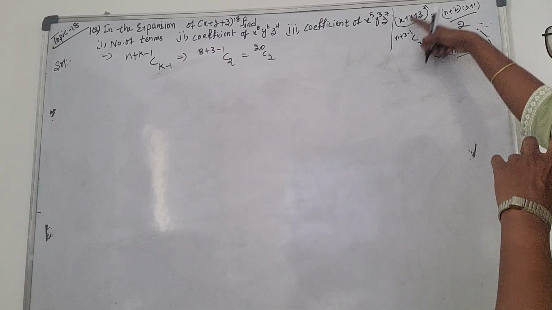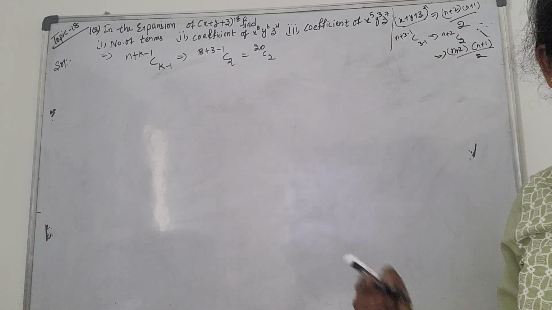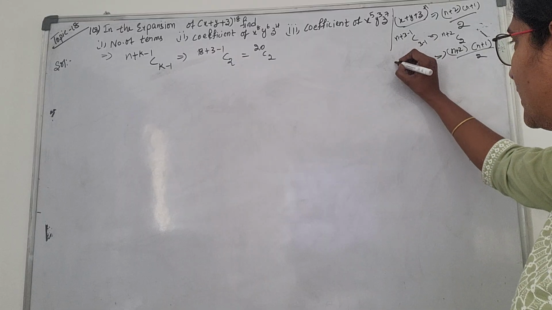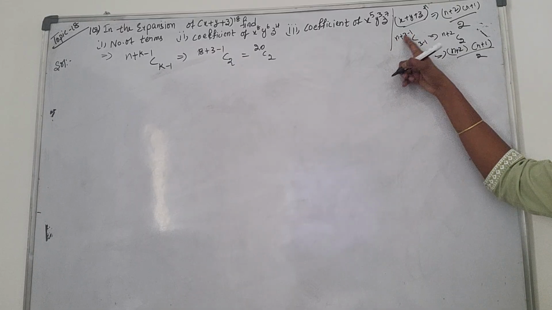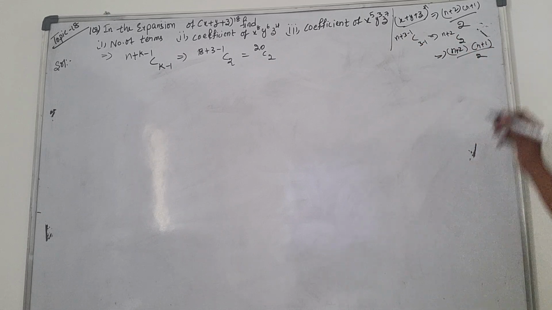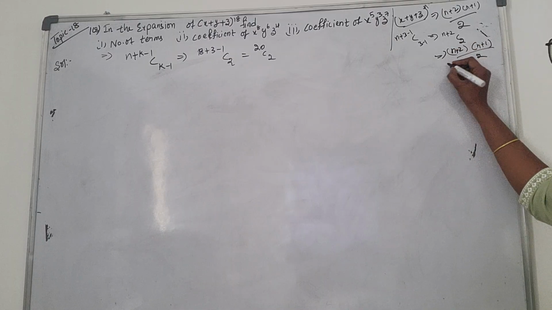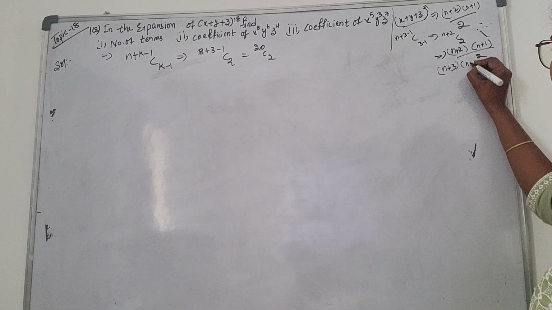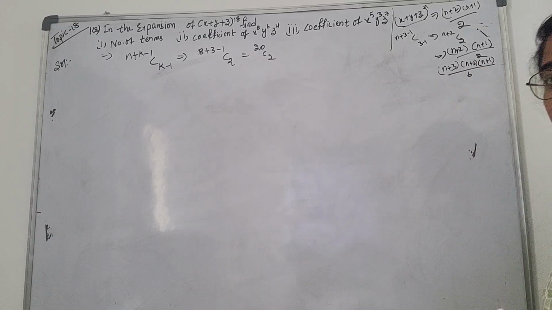If it is more than 3, say the k value is 4, then what is your answer? If you substitute, finally it will become (n + 4 - 1) C (4 - 1), so (n + 3) C 3. Down will be 3 factorial, which is 6, and if you cancel the 3, it is (n + 3)(n + 2)(n + 1) by 6.